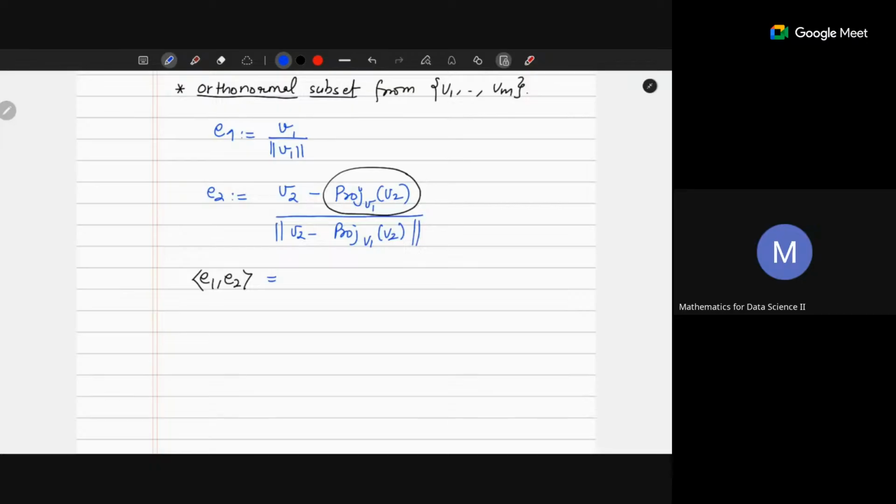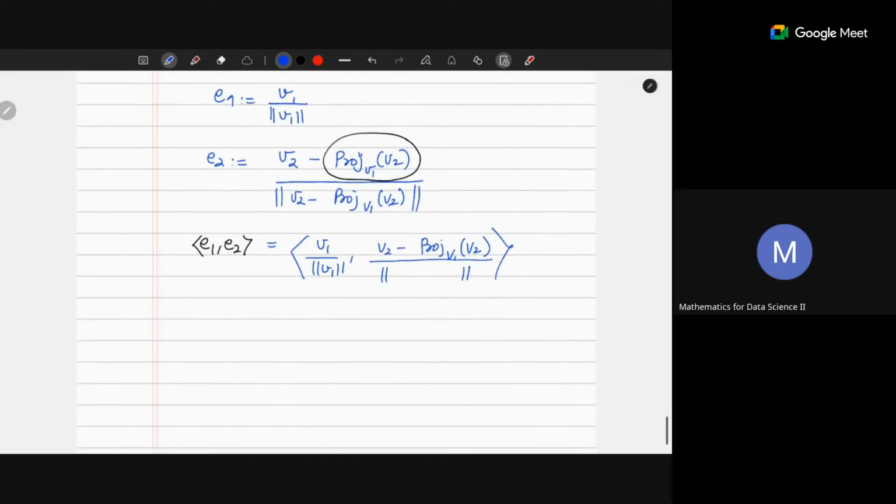So what is e1? e1 is this. What is e2? e2 is v2 minus the projection, divided by the norm. I'm not writing that, it's a big expression. Now, by linearity, I can take this out.